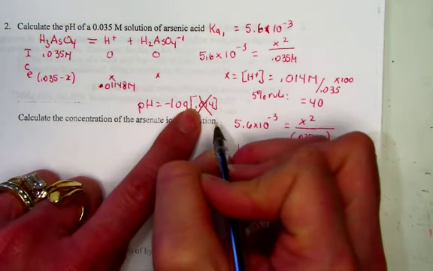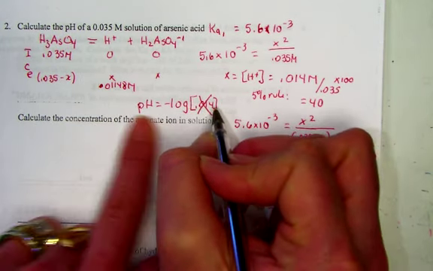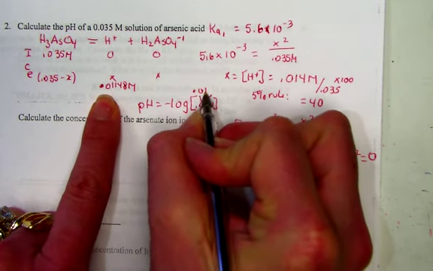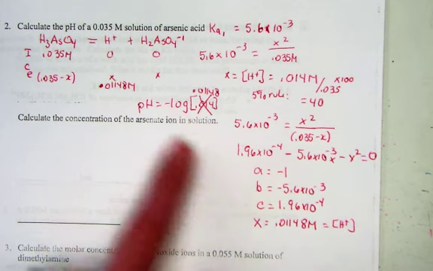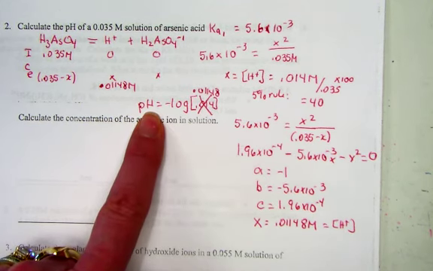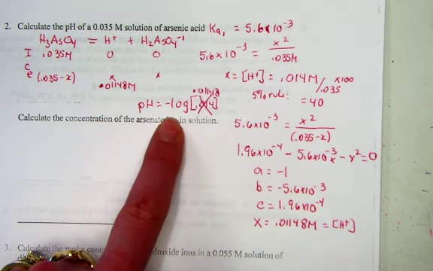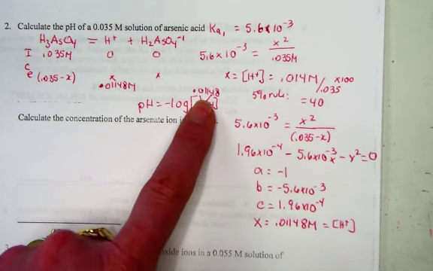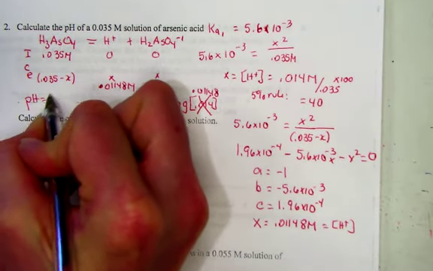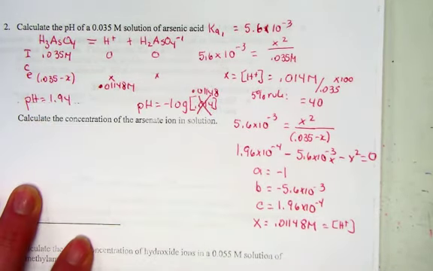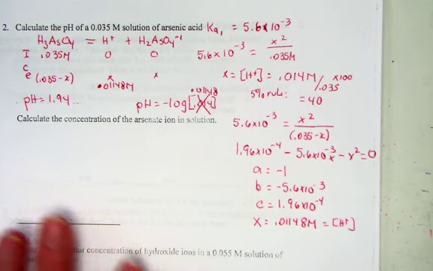So enough different from the 0.014 we had originally found. 0.01148 will be the hydrogen ion using the quad, and now we'll negative log that answer for pH. So I'll hit negative log of the new X value, 0.01148, and I'm finding 1.94 as the pH for that solution.